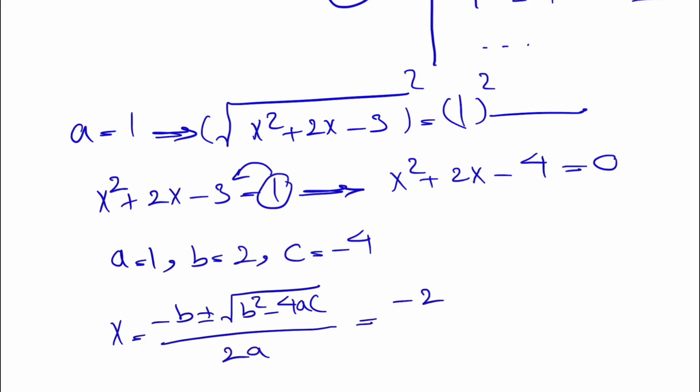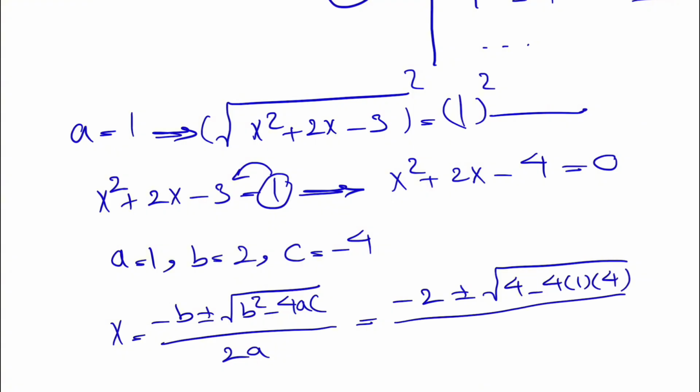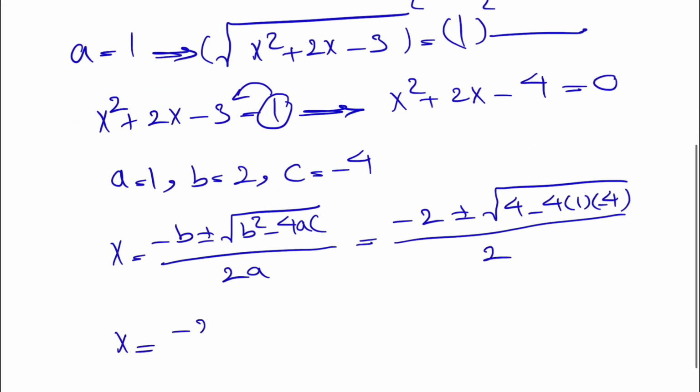So minus b is minus 2, plus or minus the square root of b squared, which is 4, minus 4 times 1 times minus 4, divided by 2. So basically for x we have minus 2 plus or minus the square root of 4 plus 16, which is 20, divided by 2. We're going to simplify the answer.